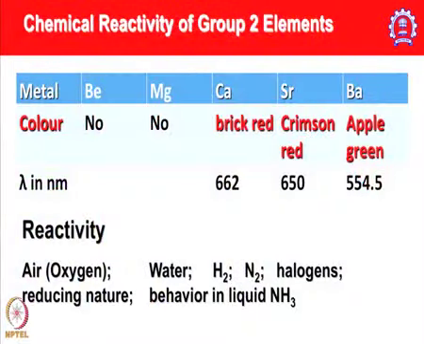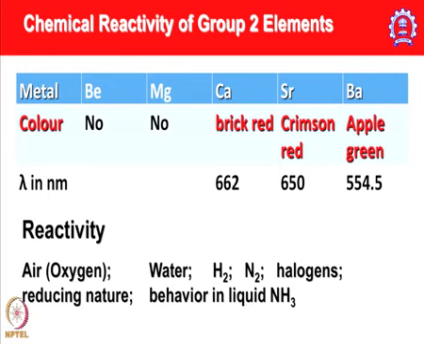And chemical reactivity of group 2 elements can be again considered by looking into their interactions with air, that is water, oxygen, hydrogen, nitrogen, halogens, and also their reducing capability, their behavior in liquid ammonia, and also their interaction with organic moieties. And if you see again, they impart colors to the oxidizing flame.